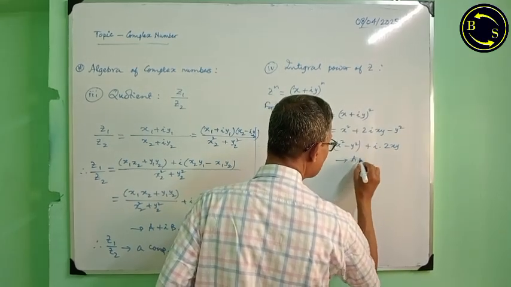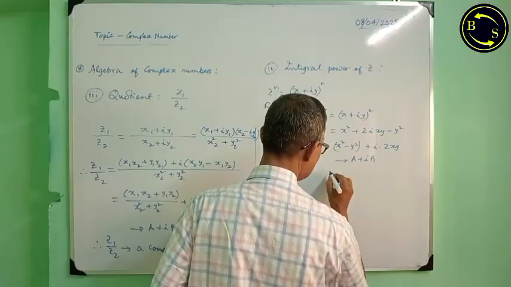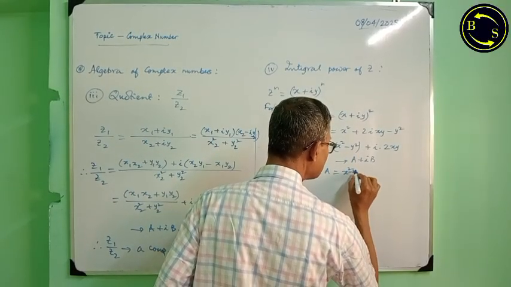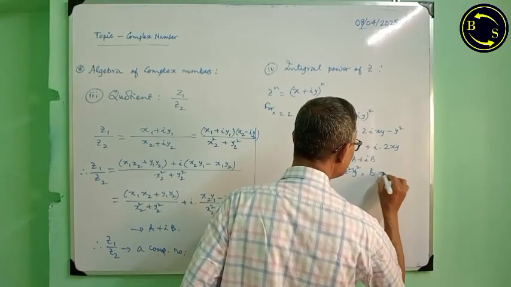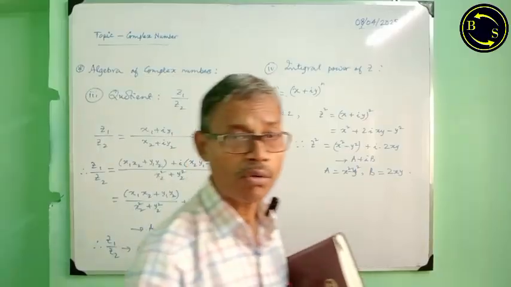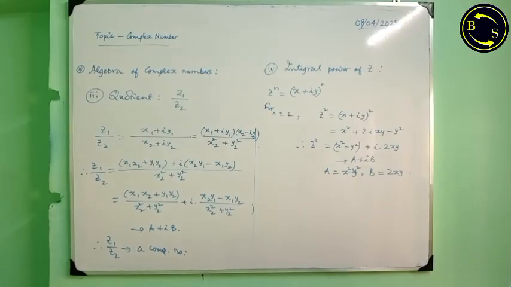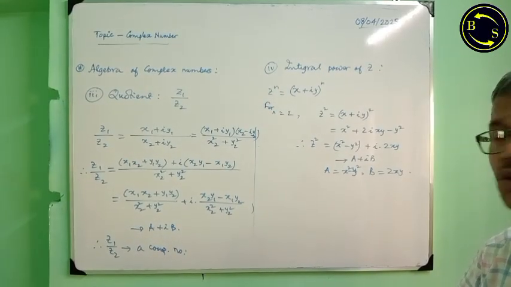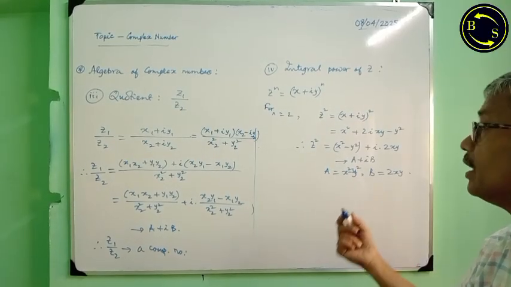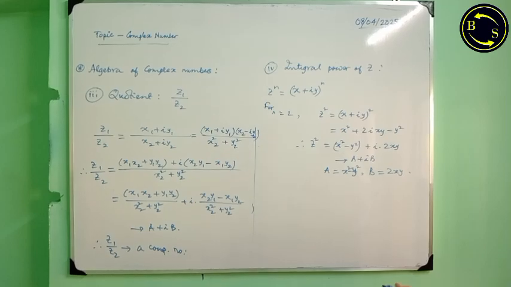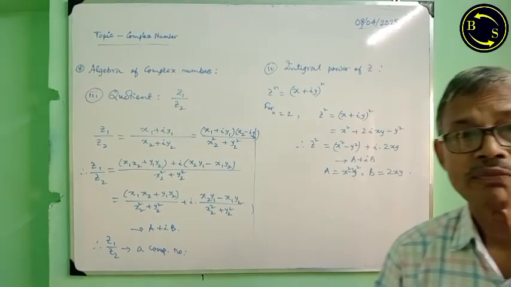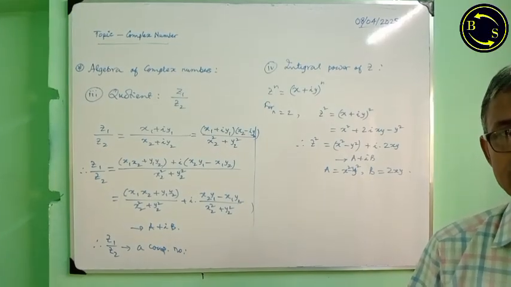That means a + ib is formed, a equal to x square minus y square and b equal to 2xy. Therefore, if we raise to integral power, then the new number will be a complex number. Similarly, we take z cube like this, and the general result is integral power of a complex number is also a complex number.